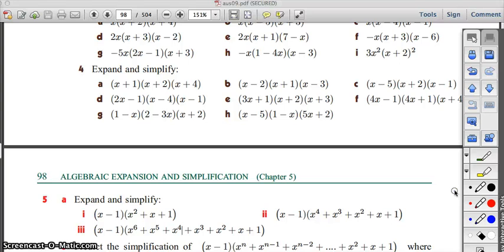Okay, so the way I'd look at doing them is I'd just probably not consider to start with that this is there. Because they're all different. Plus 1, plus 2, plus 4.